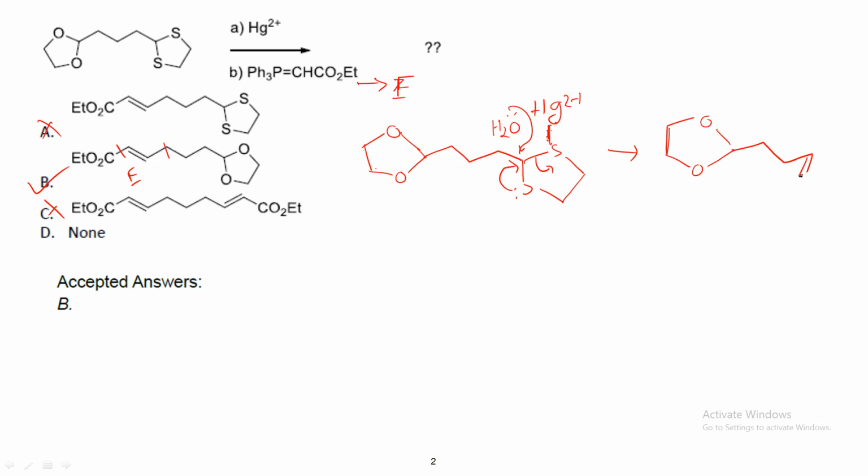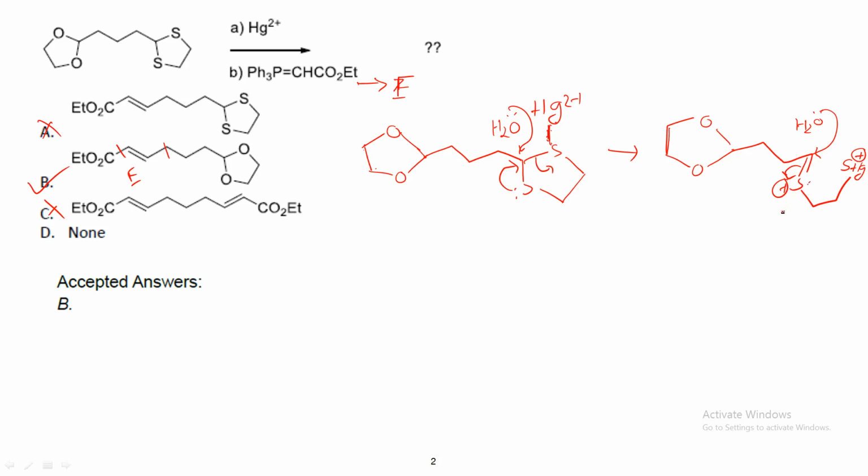So let's do it intermolecularly. This kind of species can be generated. And then again, in the same way, this part also can be taken care of. Here it is positive, so H2O can attack, and now S is neutral.